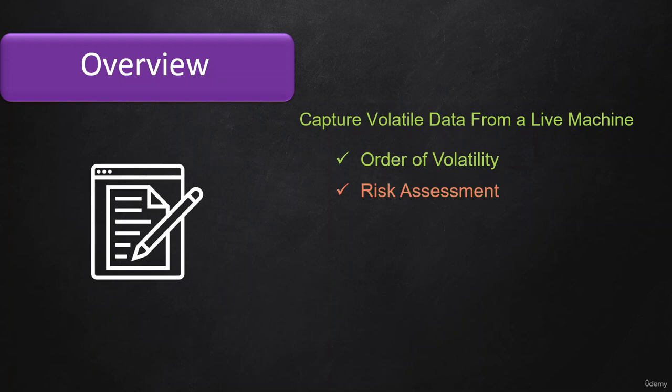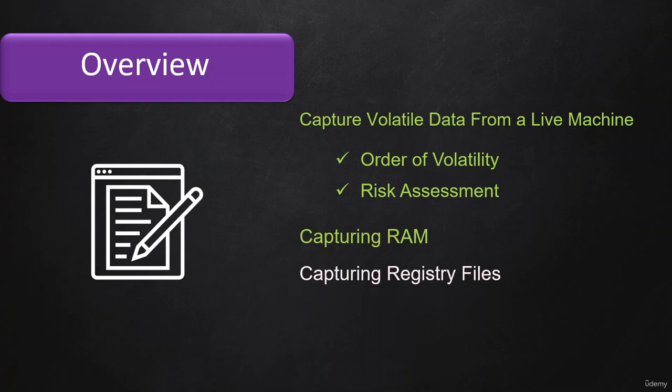Then we are going to have several demonstrations where we will be looking at capturing the volatile data in the form of RAM, and then capturing the protected or registry files on a Windows machine.